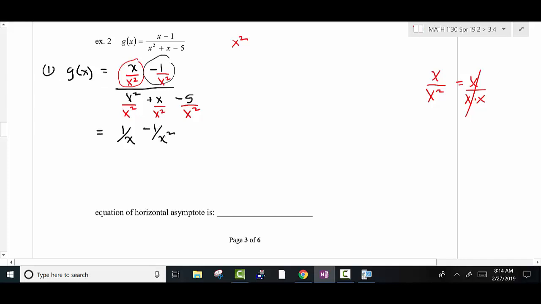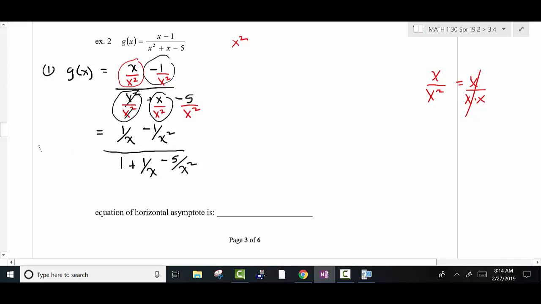Can't do anything with that. If you go down the bottom, there's 2 things you can do. X squared over x squared, of course, is 1. Anything divided by itself is 1. And then there's x over x squared again, which is 1 over x. Then we have minus 5 over x squared. So that's as far as you can take that and simplify it.